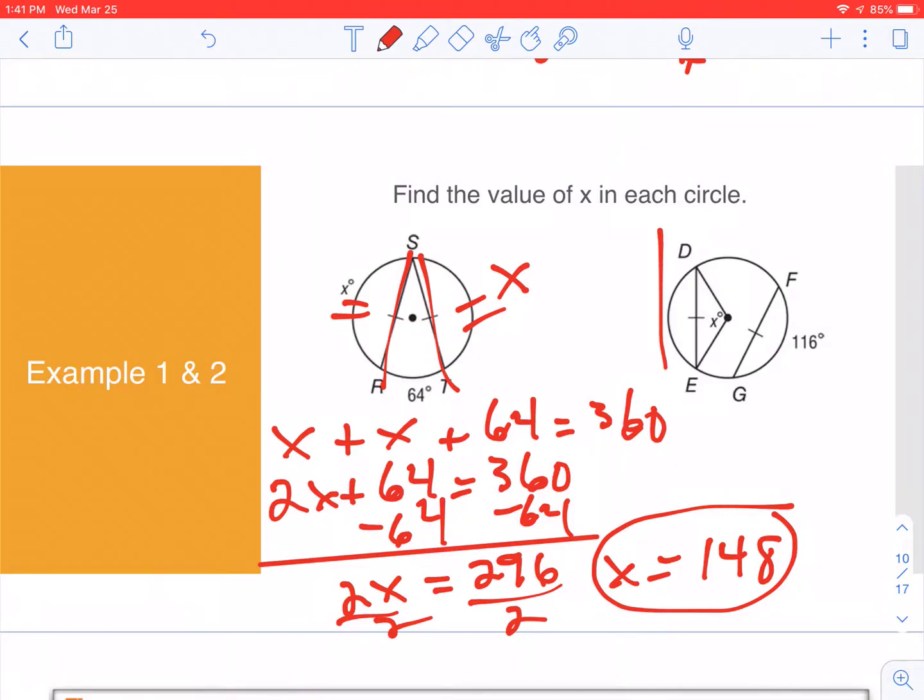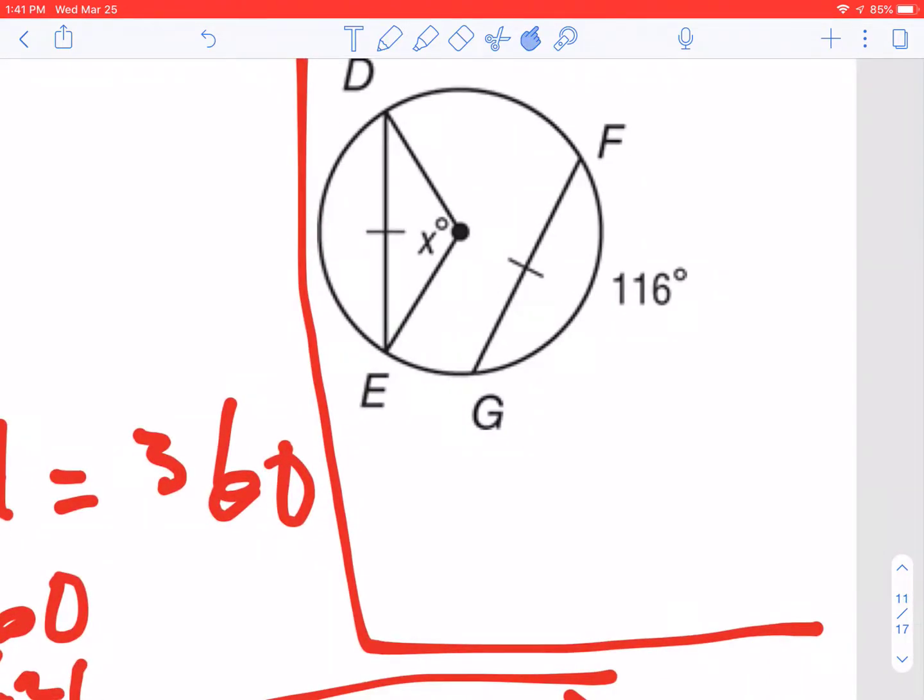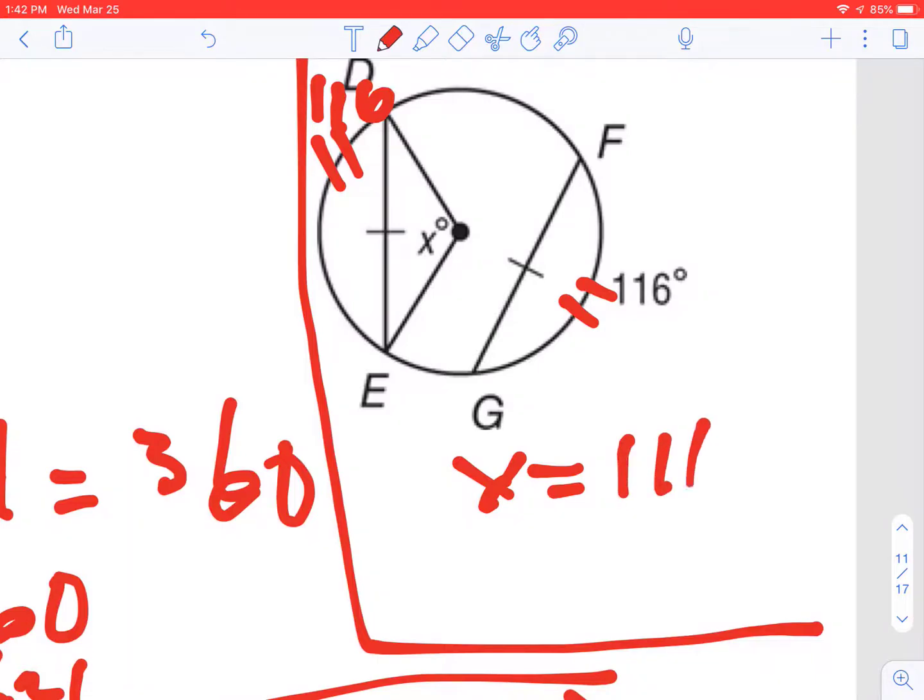And the next one, I'm actually going to zoom in. Okay, here's another thing that we're going to learn: the central angle is equal to the measure of the arc as well, right? Which you guys have learned. That means that this chord and this chord are congruent, which means this equals 116, which means that x equals 116.